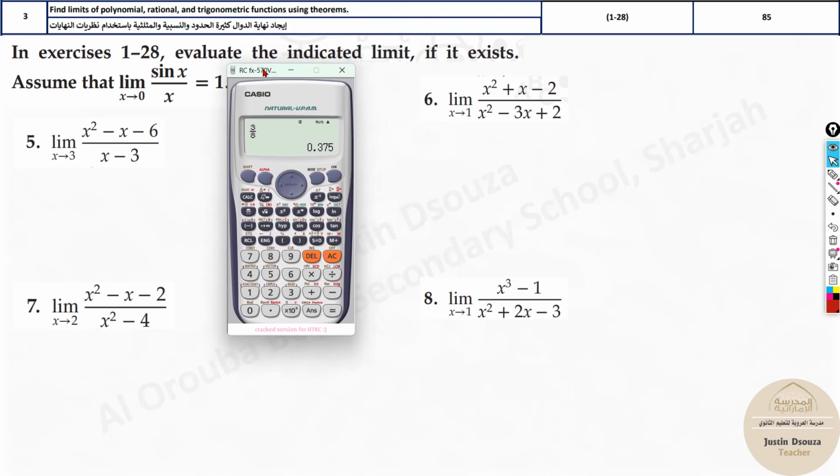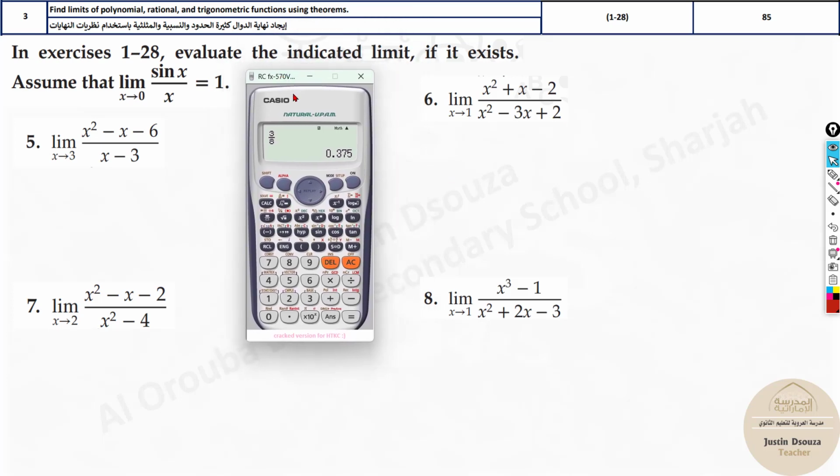Now, I'm sure you know this by now. You can try the remaining problems by yourself. It's the same thing till the 28th problem. So you can stop watching the video now, pause it, and solve these by yourselves using your calculator and check the answers. Also, I've already told in the first introduction video, you can get the presentation from the link over there.